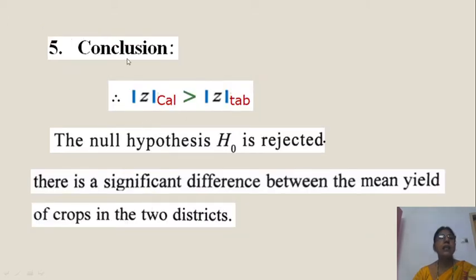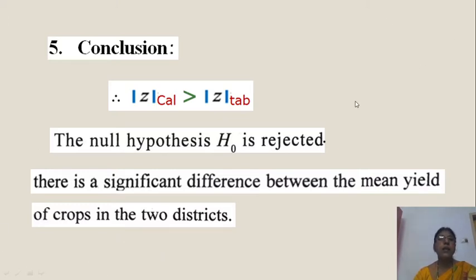So what is the conclusion? Here Z calculated is greater than Z tabulated, so the null hypothesis H naught is rejected. H naught rejected means H1 is accepted. What is H1? There is a significant difference between mu1 and mu2. Mu1 and mu2 means there is a significant difference between the mean yield of crops in the two districts.